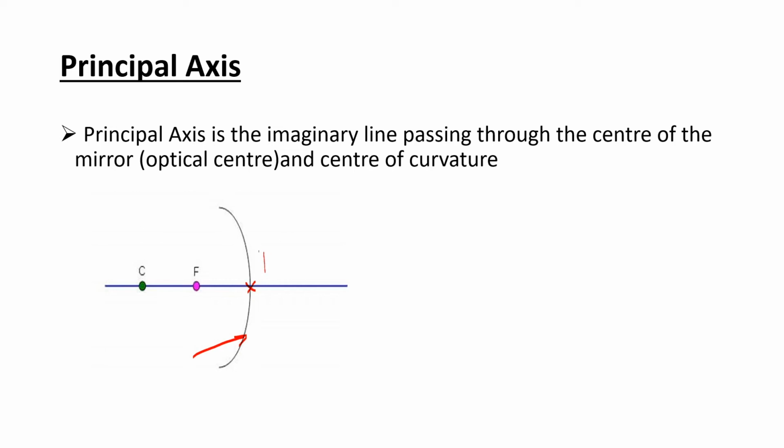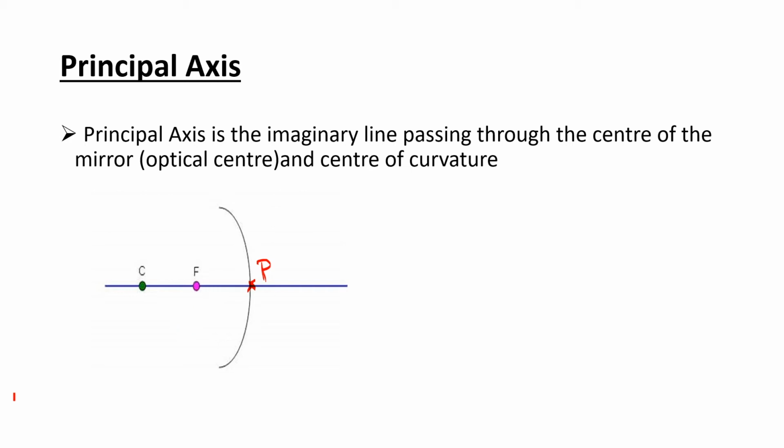It is denoted by the letter P. That means pole of the mirror. This is the center of curvature of the mirror. The imaginary line which you draw between this center of curvature and pole is called the principal axis.